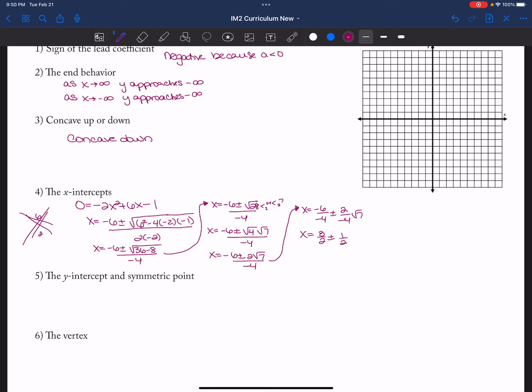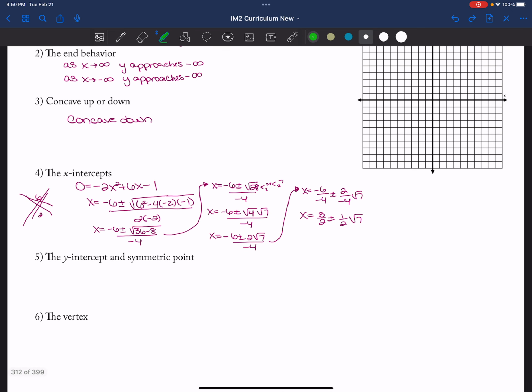Because it's a plus or minus anyway, it doesn't make any difference that I put the negative down there or not. Really, the negative affects this first term more than anything. Okay. And then my x-intercepts, nothing really simplifies. So really your x-intercepts are 3/2 plus 1/2 root 7, comma 0, and 3/2 minus 1/2 root 7, comma 0.